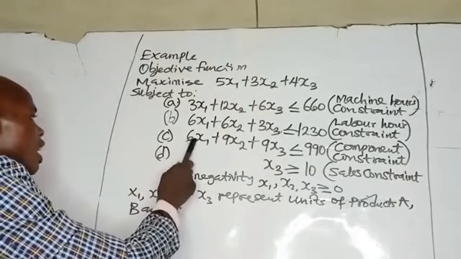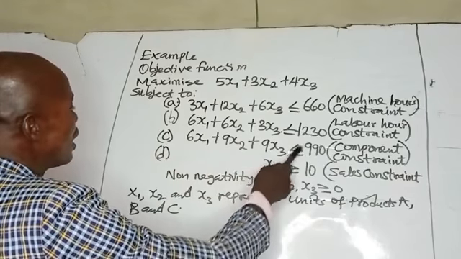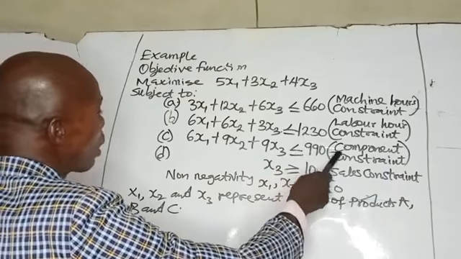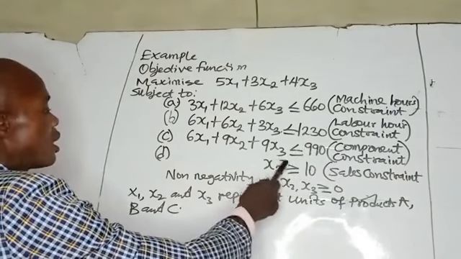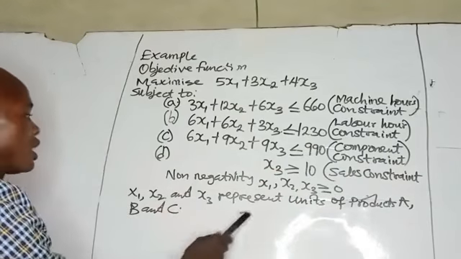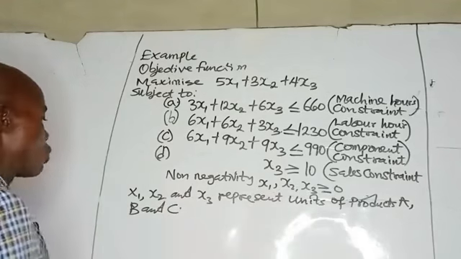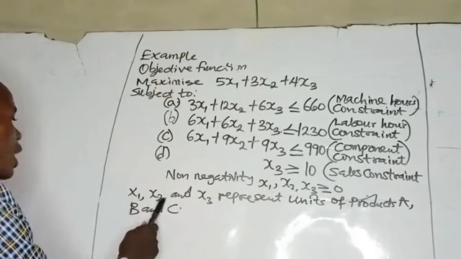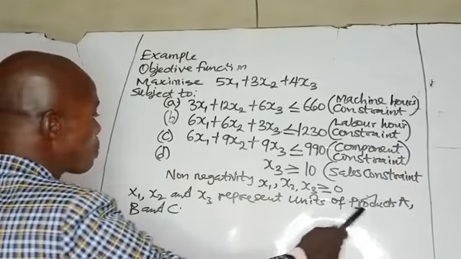Constraint C, 6x1 plus 9x2 plus 9x3 less than or equal to 990, which is the component constraint. Constraint D, x3 greater than or equal to 10, which is the sales constraint. Non-negativity, x1, x2, x3 greater than or equal to 0. x1, x2 and x3 represent units of production, units of products A, B, and C.